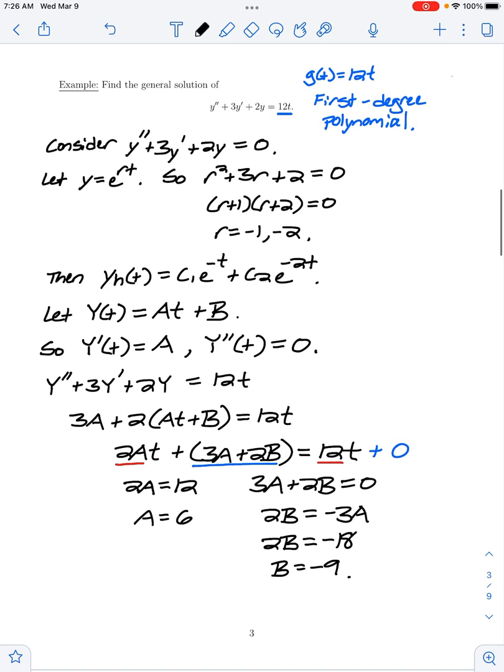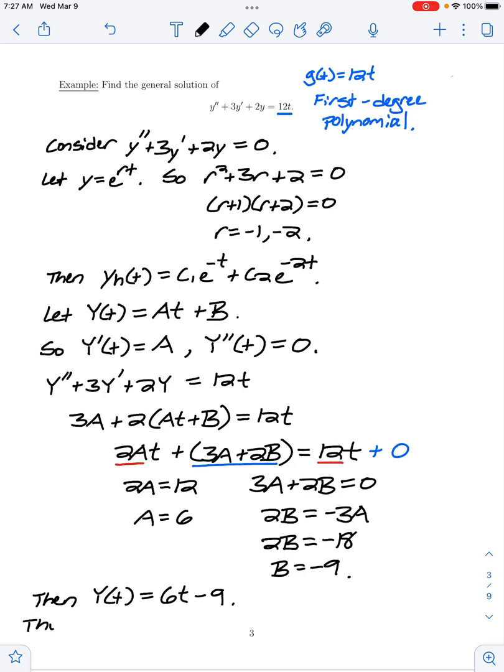So once I have my coefficients a and b, we have found our particular solution, capital Y. Capital Y was given by A, which was 6, times t, plus B, which we found to be negative 9. So capital Y, which would be 6t minus 9, gives me my particular solution of the non-homogeneous equation.